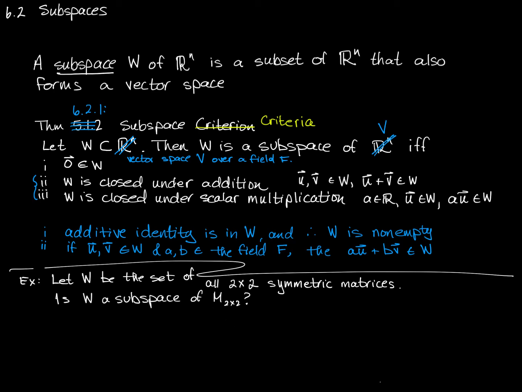The first question you really need to ask yourself is, is W a subset of the M 2 by 2 vector space? And the answer is yes, because this vector space consists of all 2 by 2 matrices, A, B, C, D, where A, B, C, and D come from the real numbers. Okay, so that's all 2 by 2 matrices.